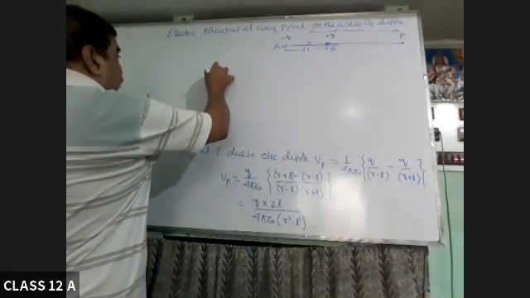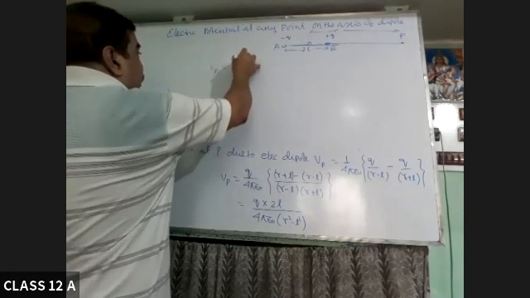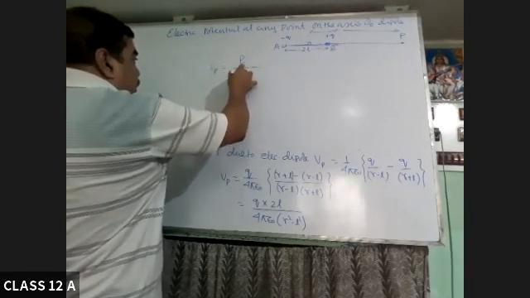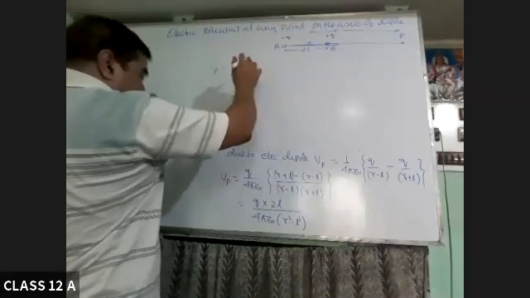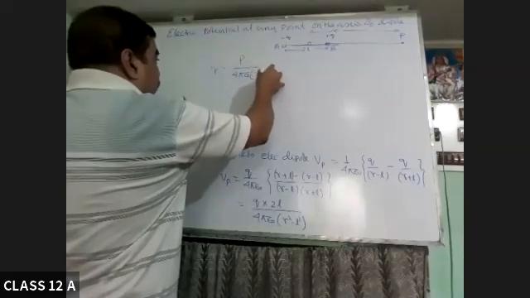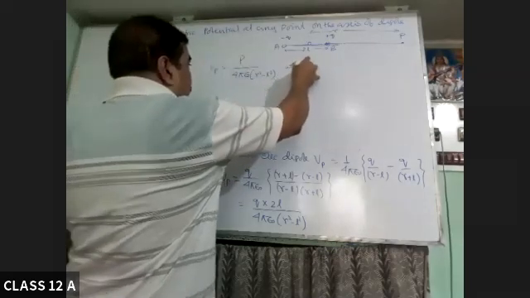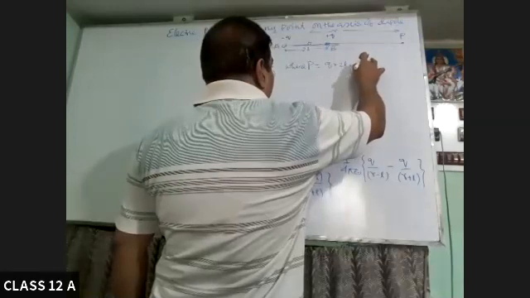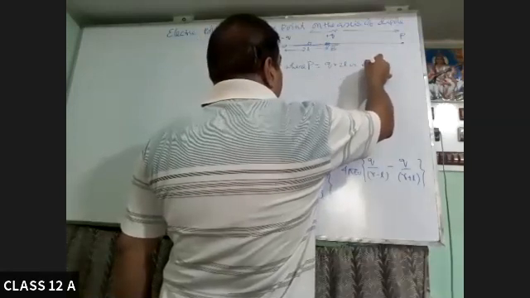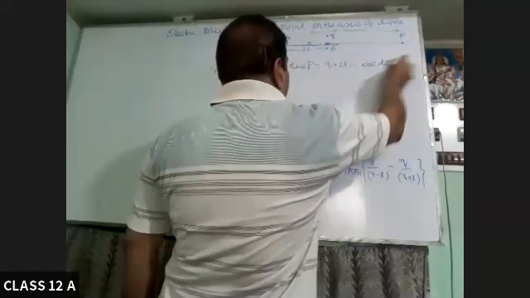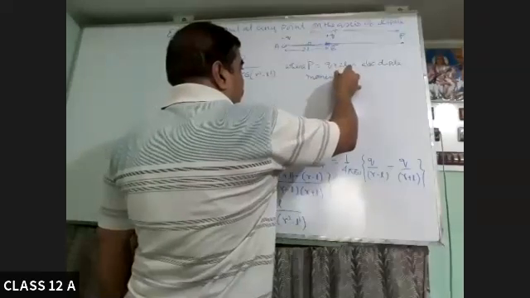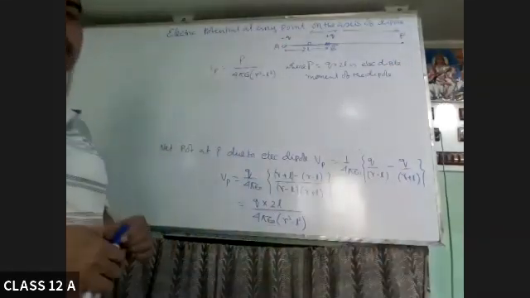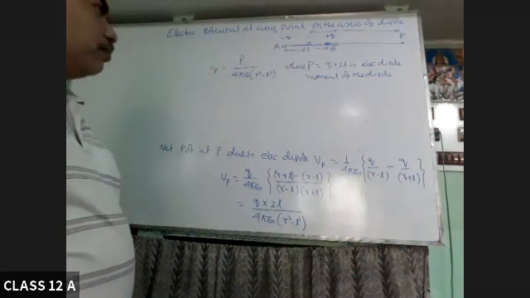So this potential at point P, Vp, will become dipole moment P, or if you are writing PE, no problem, that is electric dipole moment, over 4 pi epsilon naught into R square minus L square, where P, which is equal to Q into 2L, is the electric dipole moment.